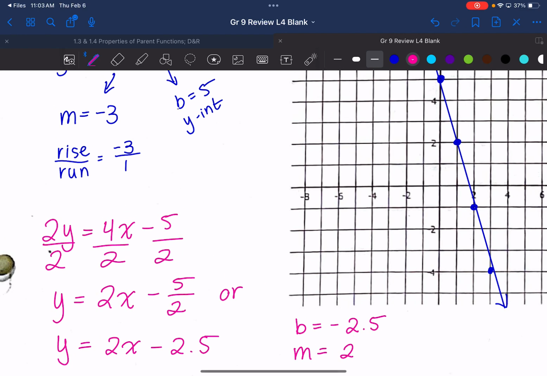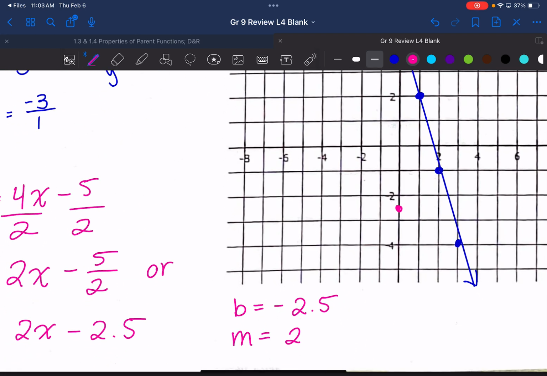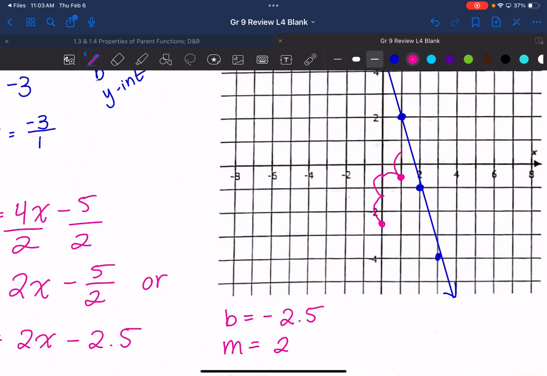I'm going to negative 2.5, which is about here, right? It's in the middle between 2 and 3. And I'm going to go up 2, so 1, 2. And then I'm going to go over 1. That's my next point. And I'm going to do the same thing. Up 2 over 1.